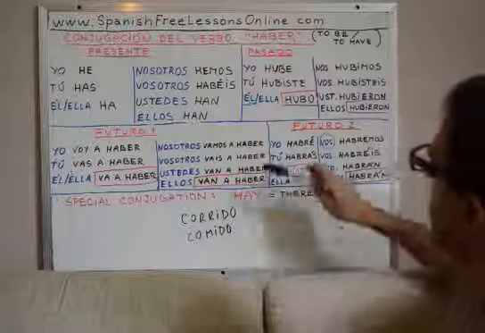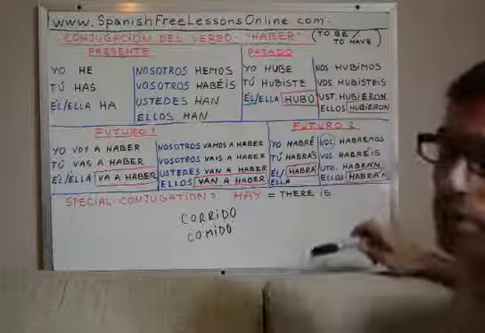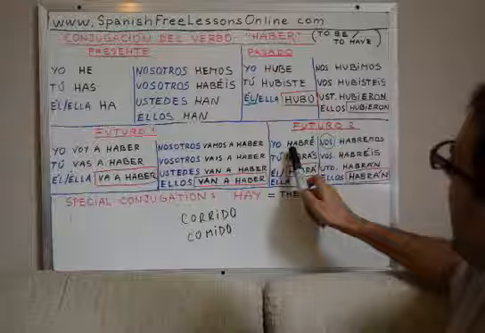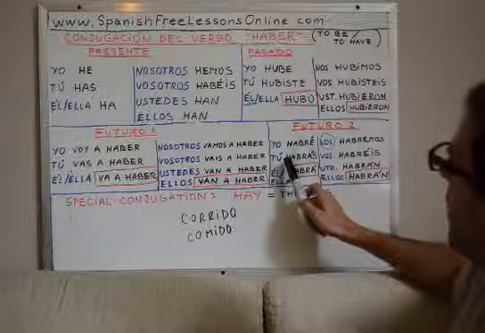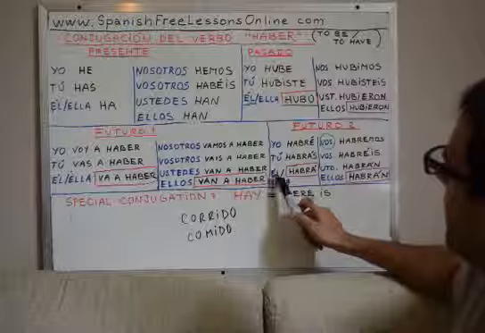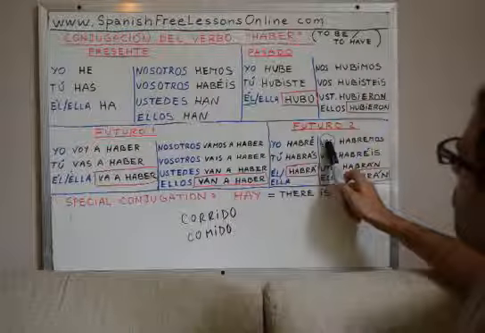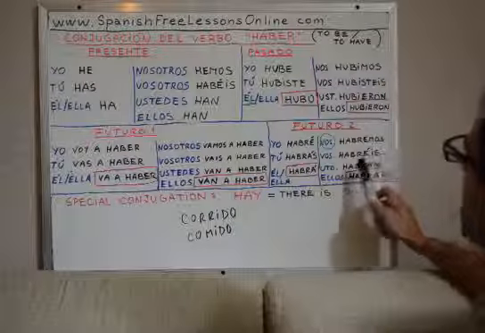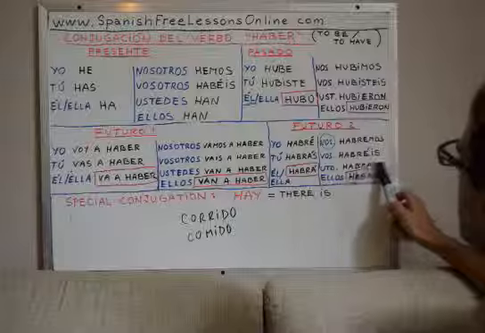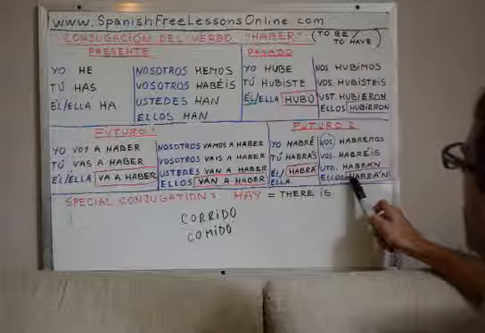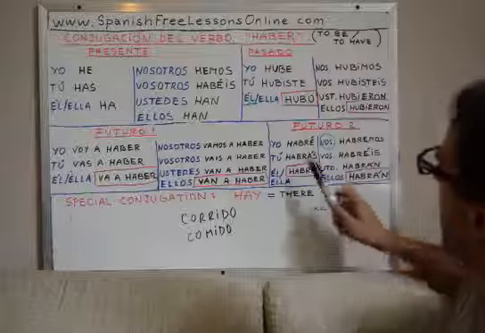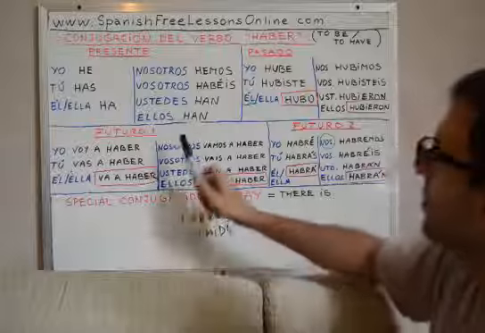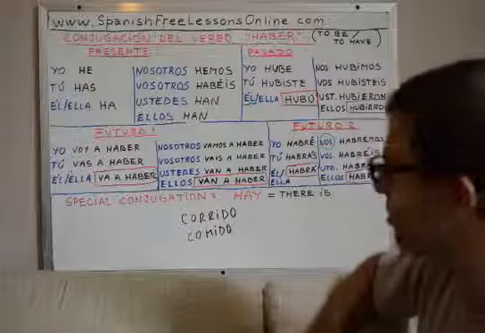Future number 2. This is the most typical future conjugation in Spanish. Yo habré. Tú habrás. Él habrá. Nosotros habremos. Vosotros habréis. Ustedes habrán. Ellos habrán. And this means exactly the same. They are synonyms, just different ways of conjugating the future.